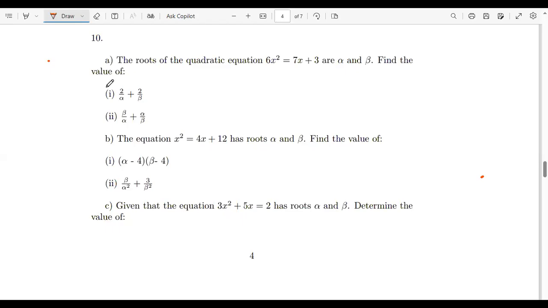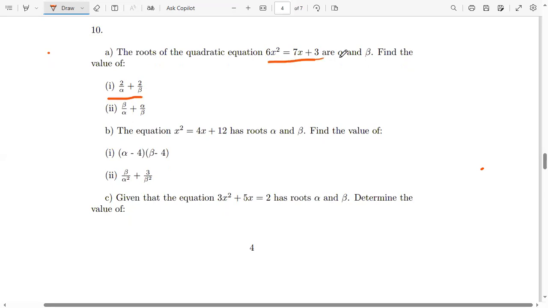Okay, so I was saying we want to look at question 10 and question 11, which are on the alpha and beta roots. These alpha and beta roots have two types of questions. One is where they give you a quadratic equation and ask you to find the value of two given roots. For example, here they have given us this equation and are asking to find the value of these two given roots.